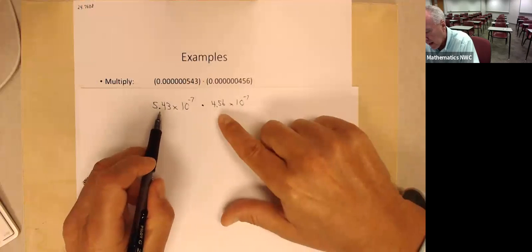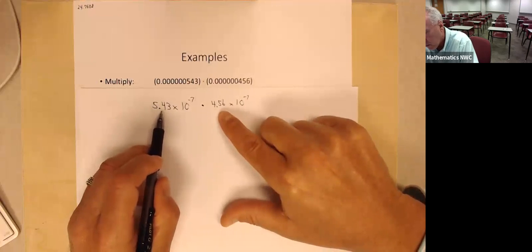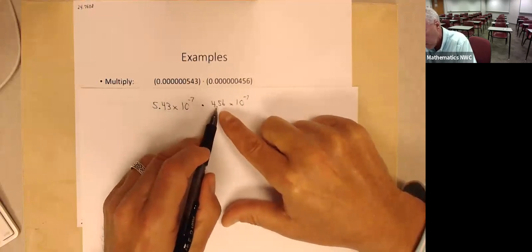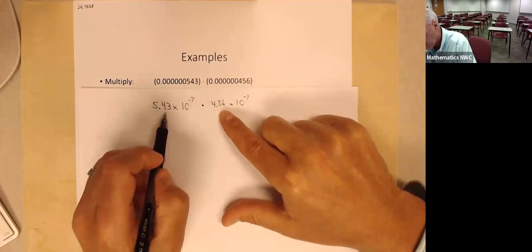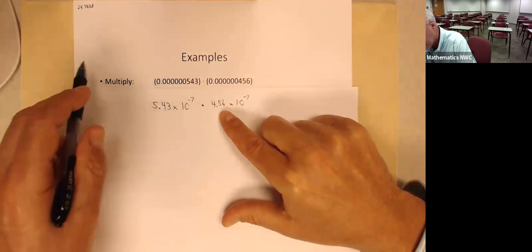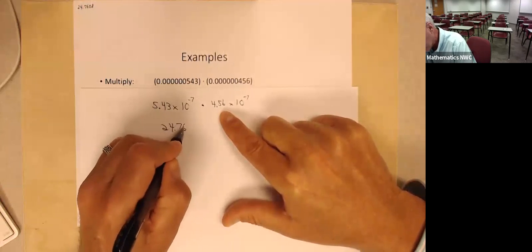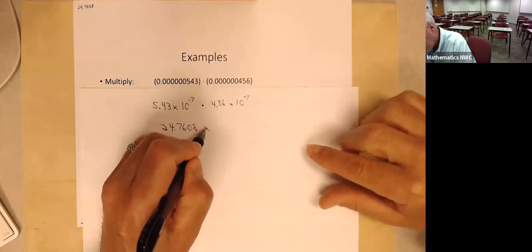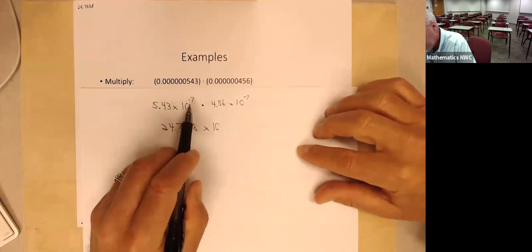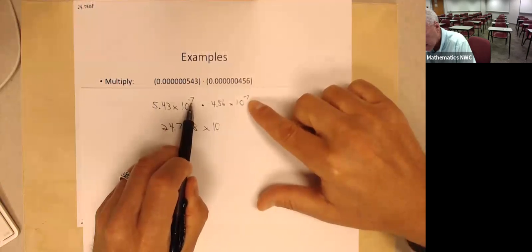Then I could multiply these two numbers on my calculator, 5.43 times 4.56. I did that earlier. It's 24.7608. Times 10, I have to add these exponents.